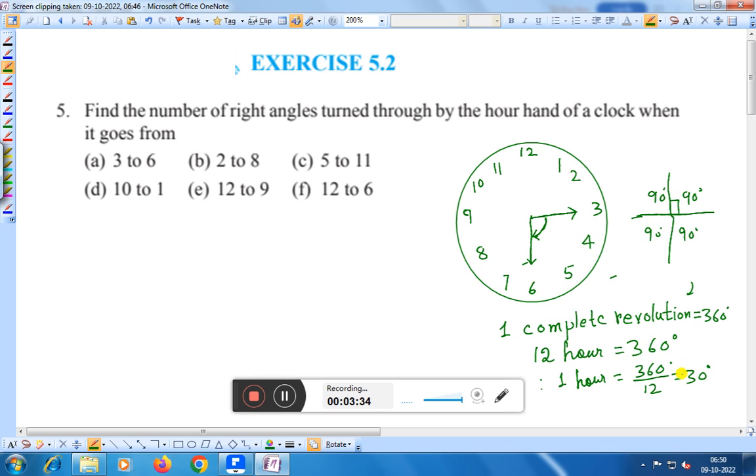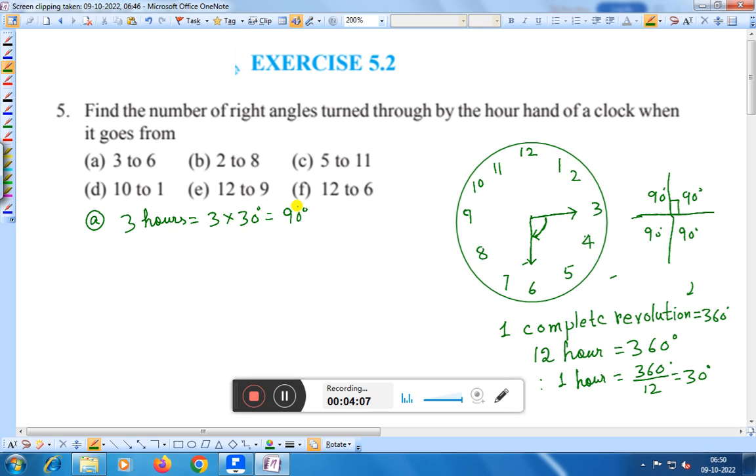1 hour equal to 30 degree, right? Now it has gone from 3 to 6, and how many hours? That is 3 to 4, 1, 2, 3 hours. That means for question A, it has gone 3 hours, right? And 1 hour is 30 degree, therefore 3 hours is equal to 3 into 30 degree, that is equal to 90 degree, right?